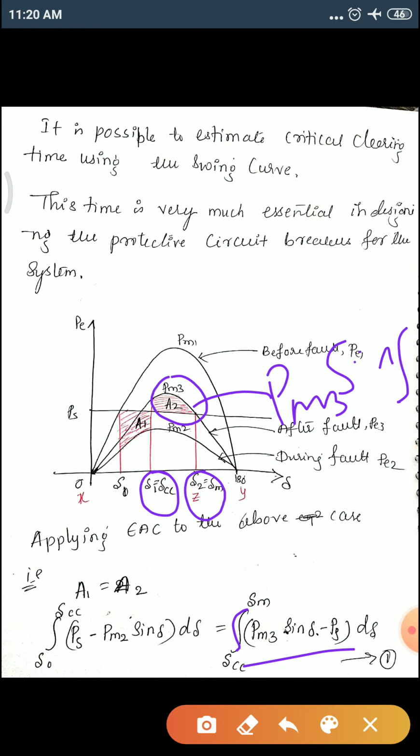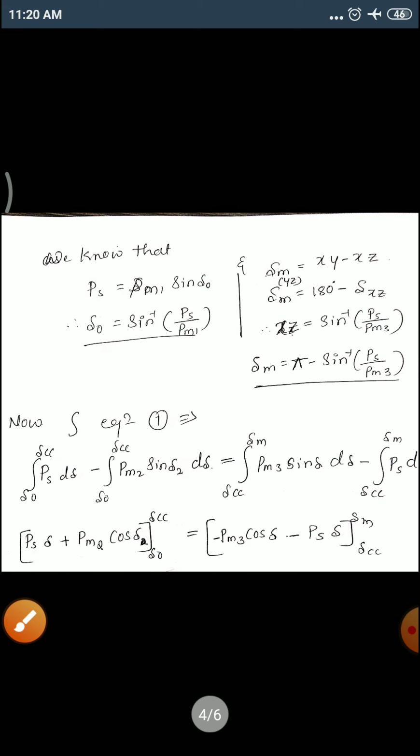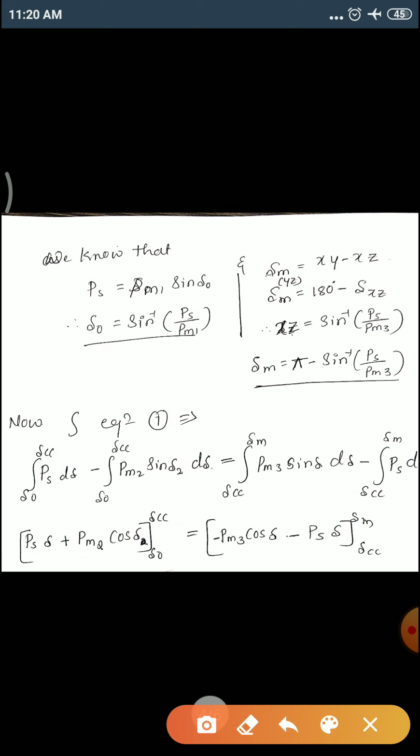Then equate these two areas. Now we will calculate delta cc, delta naught and delta m. Let's first see what delta naught is.